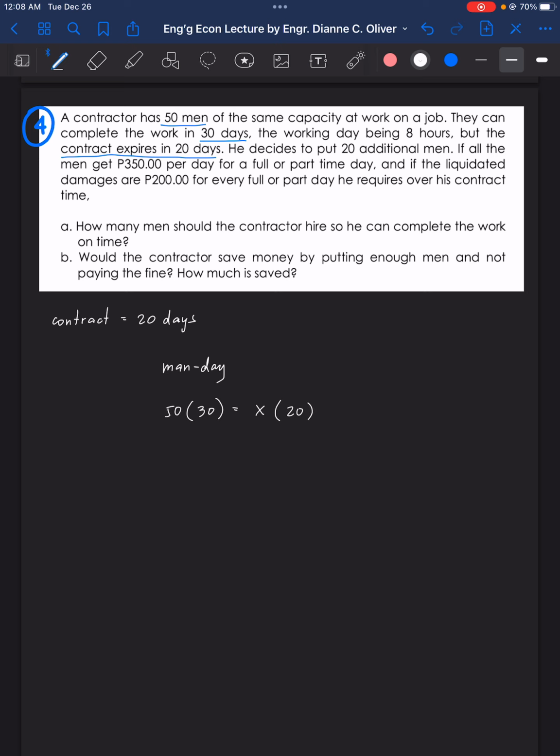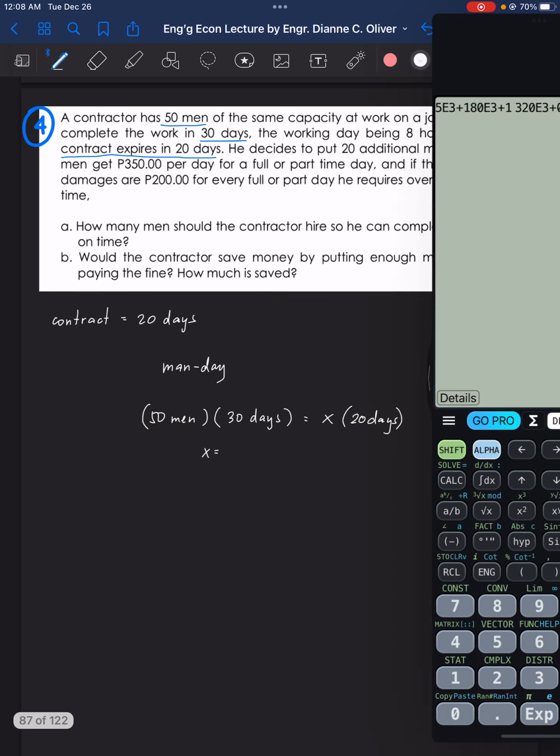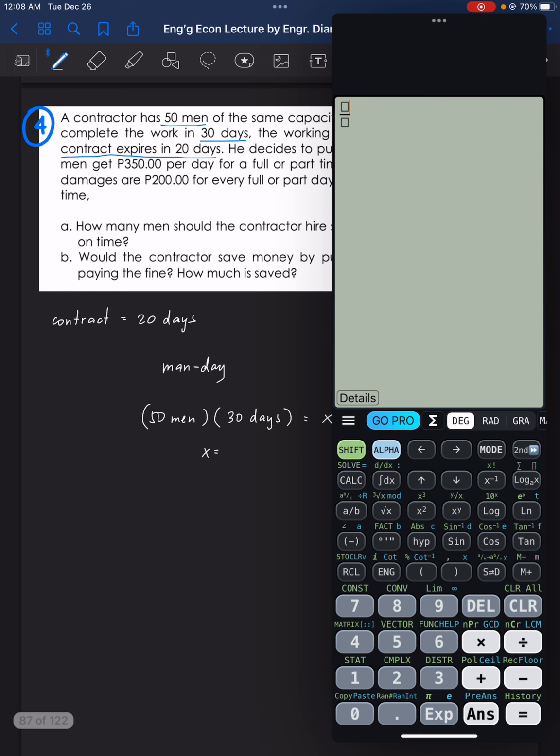So that is 50 men in 30 days. So X for 20 days. So X is equal to 50 times 30 divided by 20.